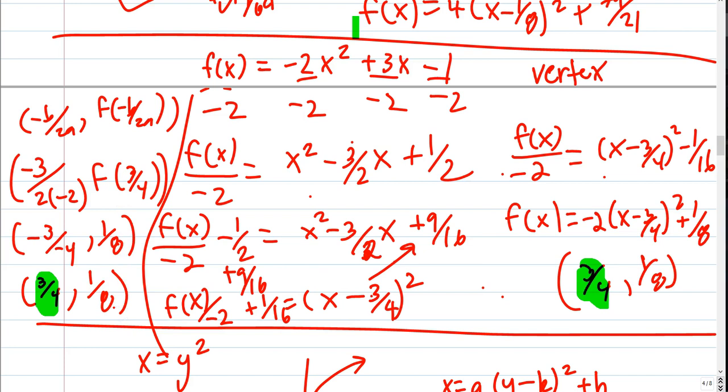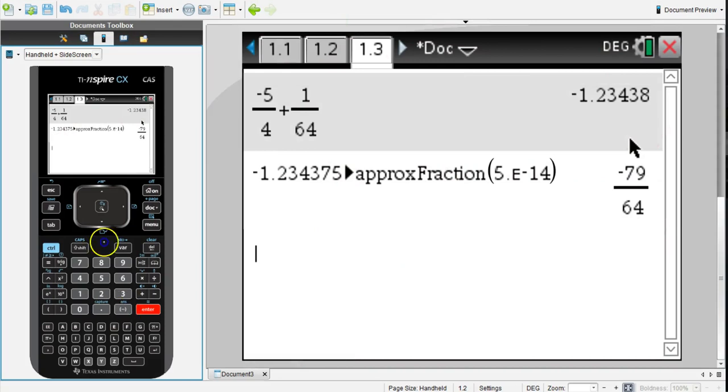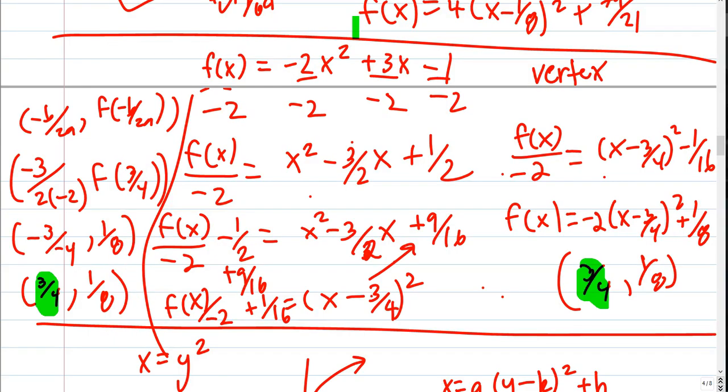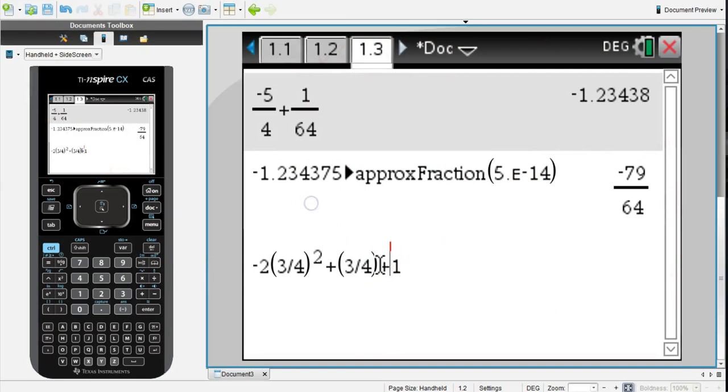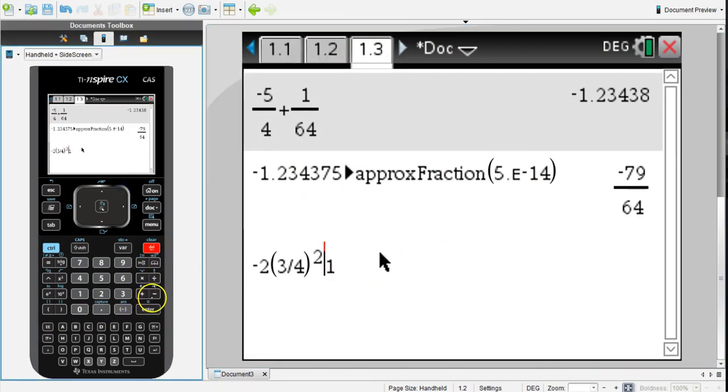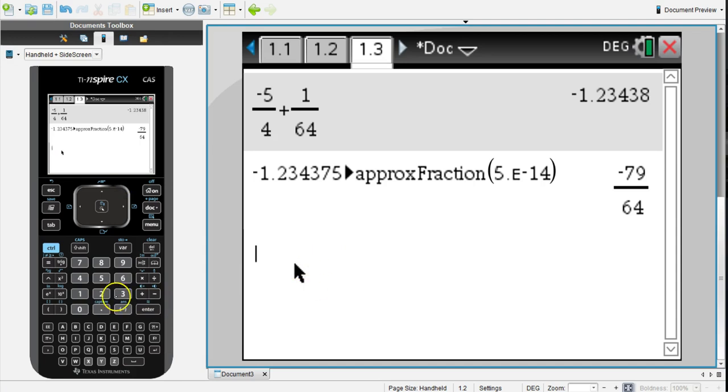You don't have to believe me. Let's look at that. Negative 2 times 3/4 squared plus, I think it was 3 times 3/4. Is it plus 1? Let me double check. Minus 1. See, I'm going to screw everything up here. I hate when this does this.